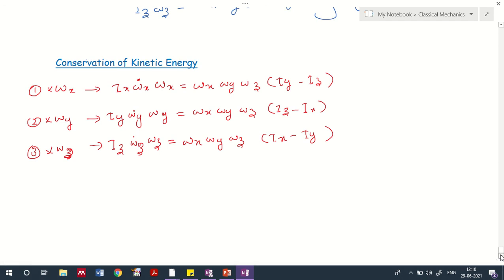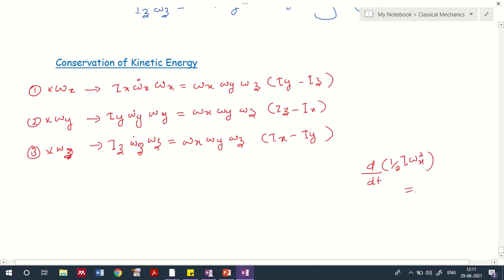Now, as you know, this relation Ix omega x dot omega x, how do I find it? I can write it as d by dt of half Ix omega x square.